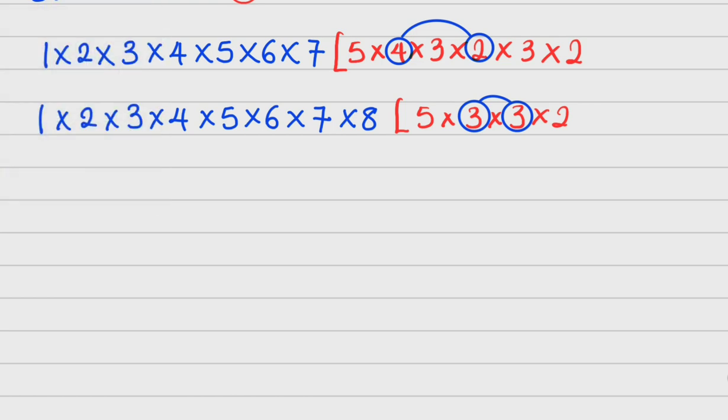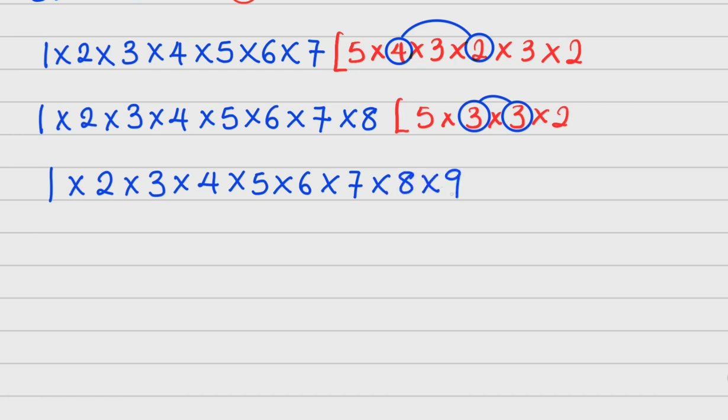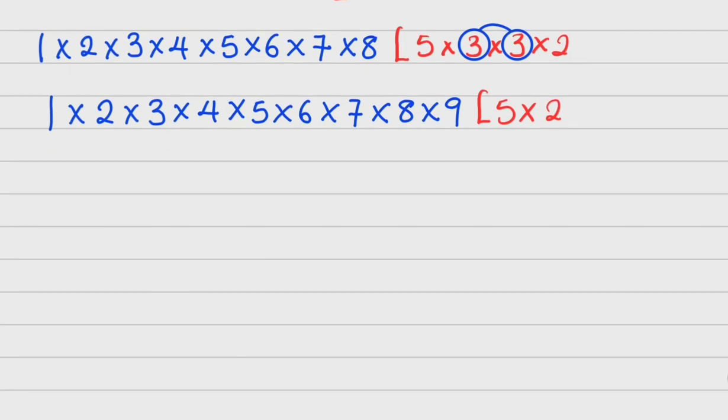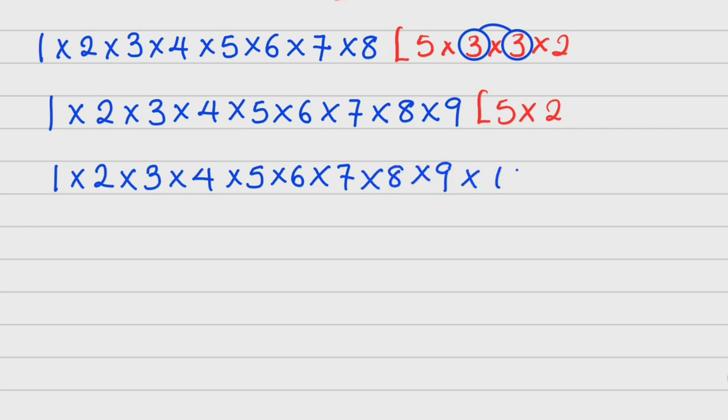Then I will now have 1 times 2 times 3 times 4 times 5 times 6 times 7 times 8 times 9. Then what is left will be just 5 times 2, which is perfect because the next number is 10. Hence, what I'm going to have now will be 1 times 2 times 3 times 4 times 5 times 6 times 7, 8, then times 9, then times 10.